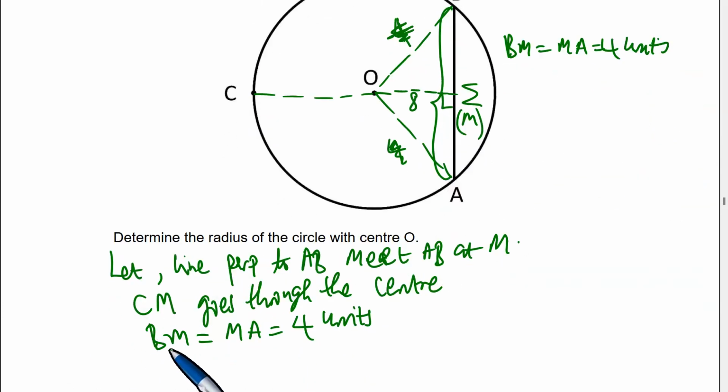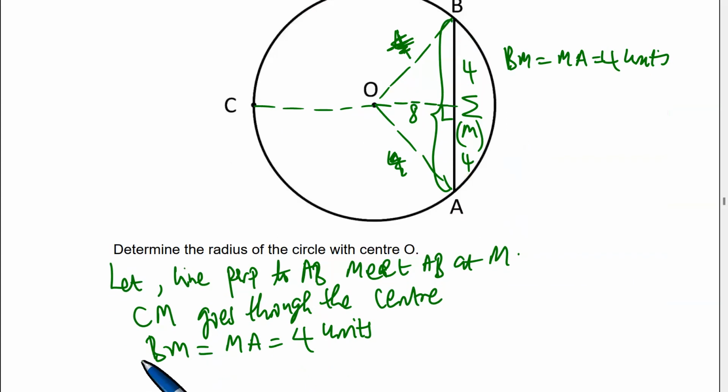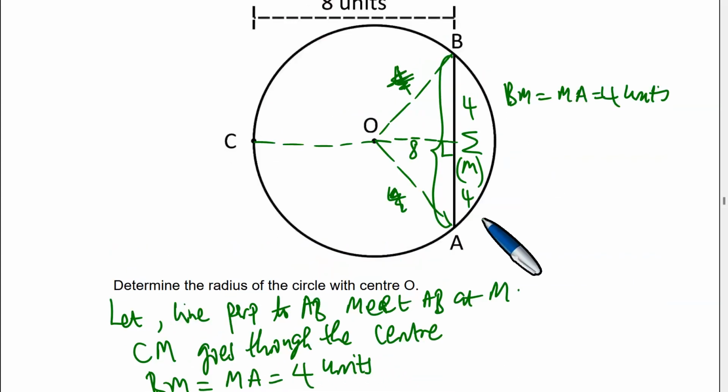Yeah, that's what I wrote actually. So it's BM equals MA equals 4 units because we need to find the radius here. In other words, this one is 4 and this one is also 4. We want to find the radius.